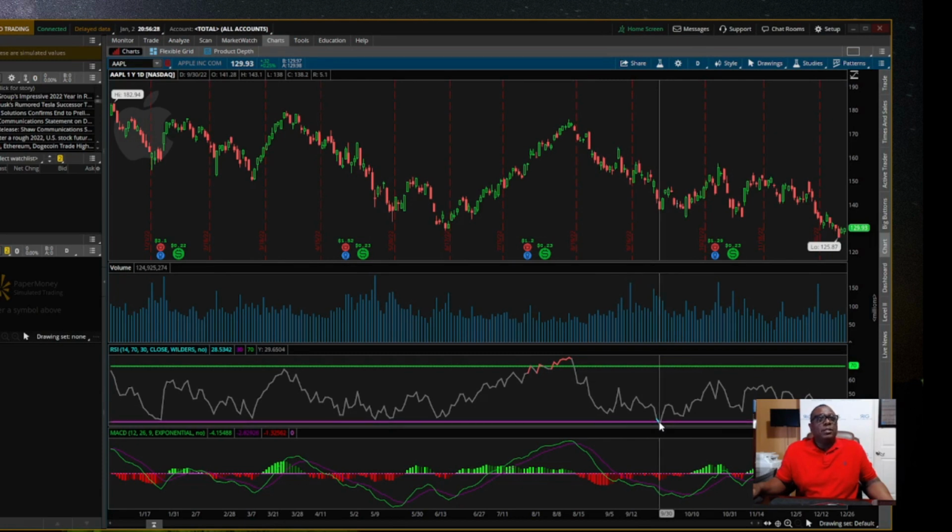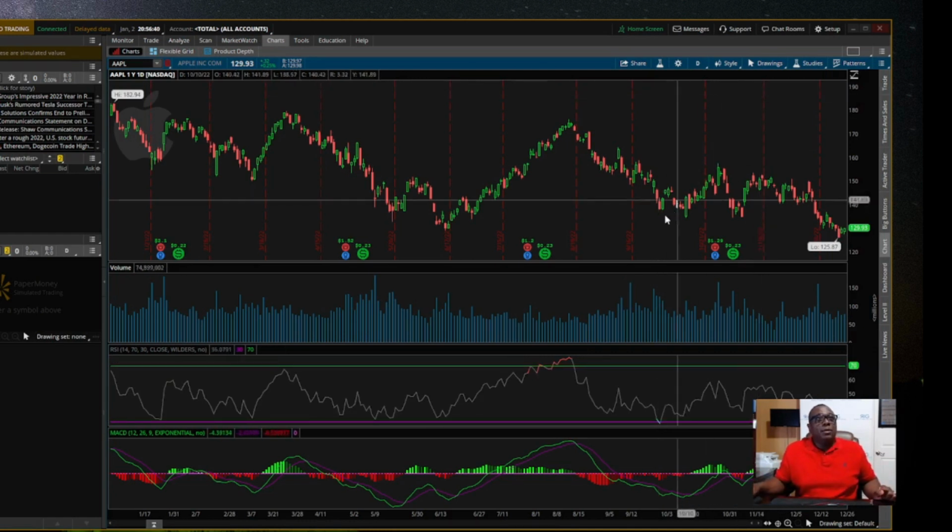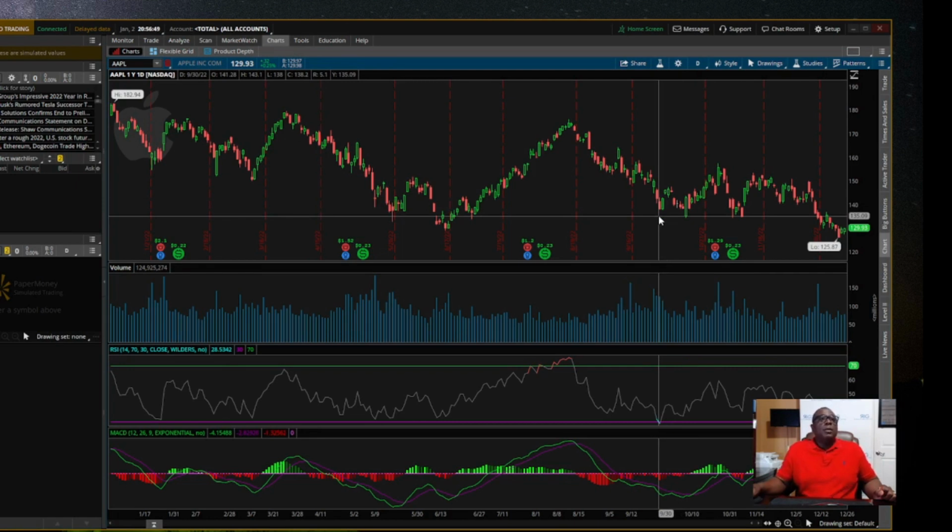When it got to this low on the relative strength index, it was technically oversold. So then you have the buyers that say, oh, wow, Apple's at a great price now. Apple was at 138. So the buyers said, oh, it's a great price.